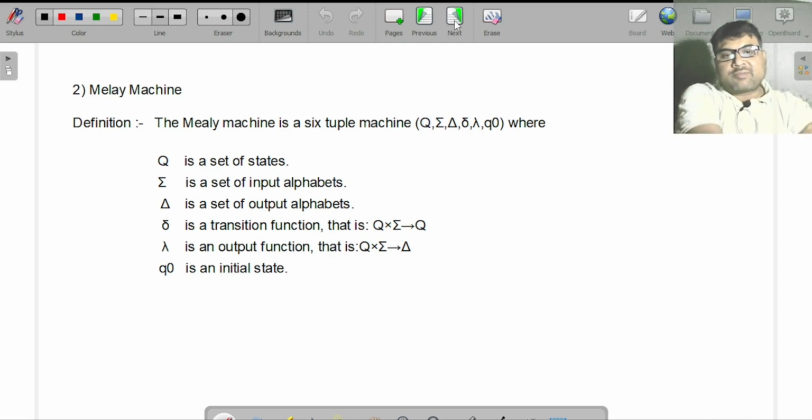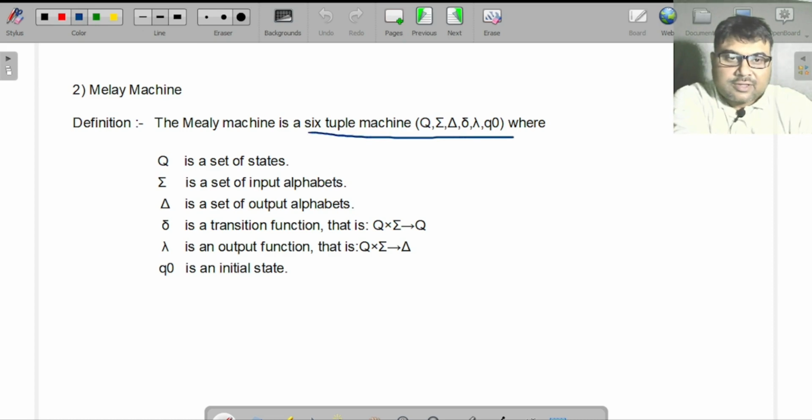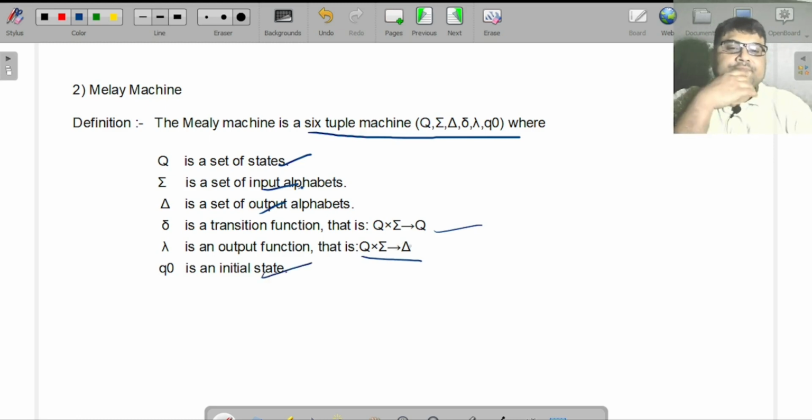If you look at the Mealy machine, it is also a 6-tuple machine, as you can see here. Q is a set of states, sigma is the input alphabet, delta is an output alphabet, and the transition function is the same, but you can see there is a change. The initial state will be the same.